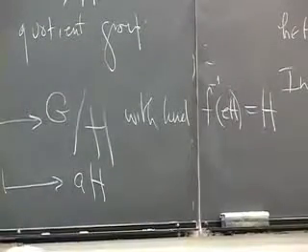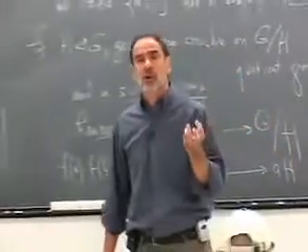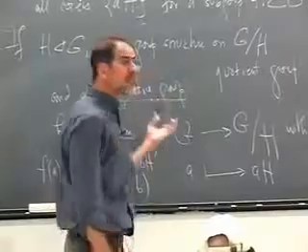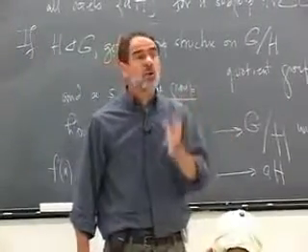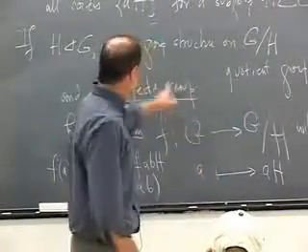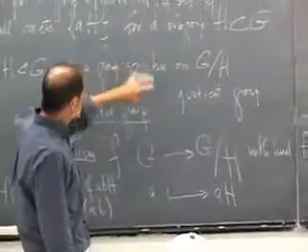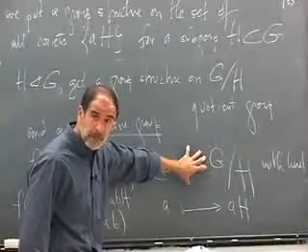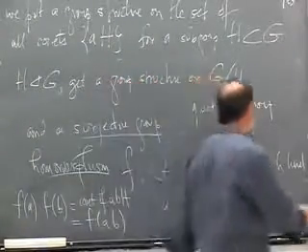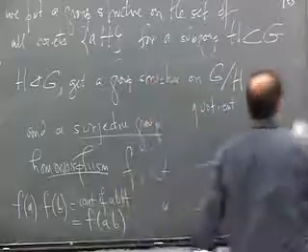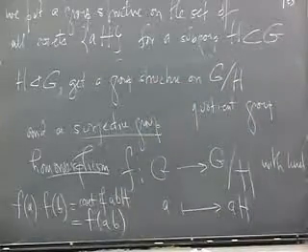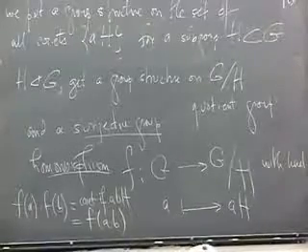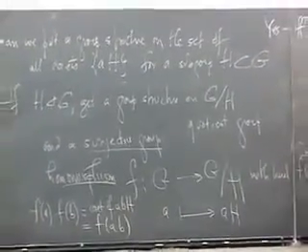Every group homomorphism has as its kernel a normal subgroup. Conversely, every normal subgroup is the kernel of a group homomorphism. Here it is. You have a normal subgroup. Here's a group homomorphism which exhibits it as a kernel. Let's put that down because it's so important. Corollary.